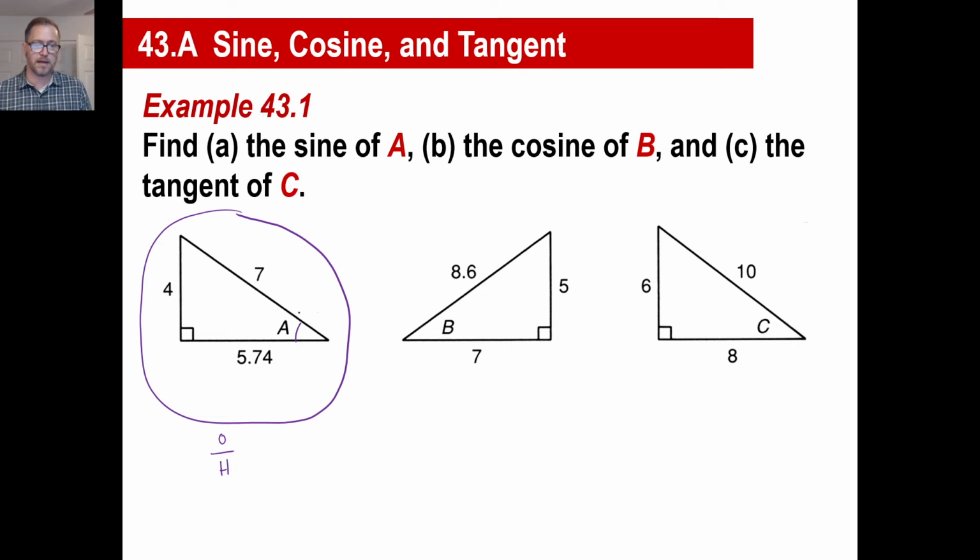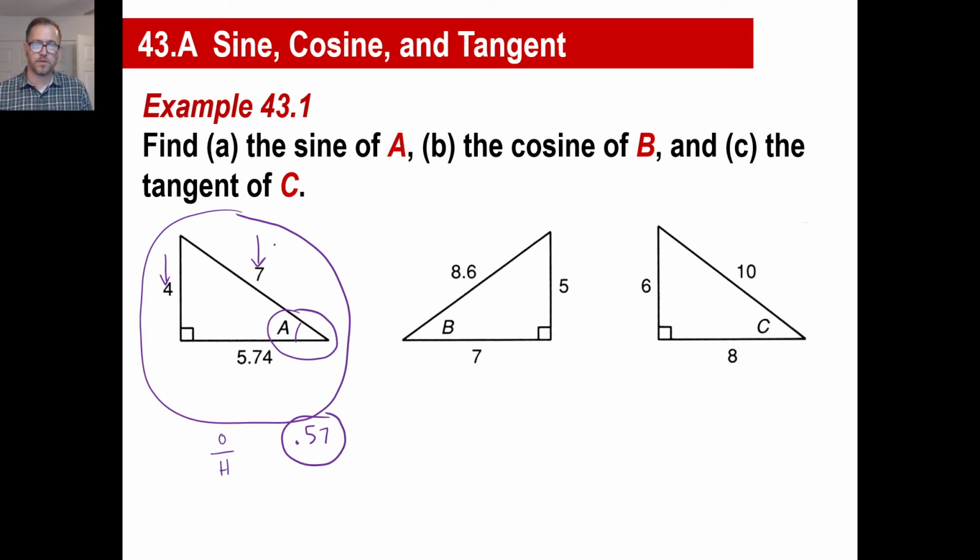Can you tell me the opposite of A? What is that side? It's 4. The hypotenuse is this, right? Type in your calculator 4 divided by 7, and you'll get a decimal. To two decimal places, that is 0.57. And there we go.